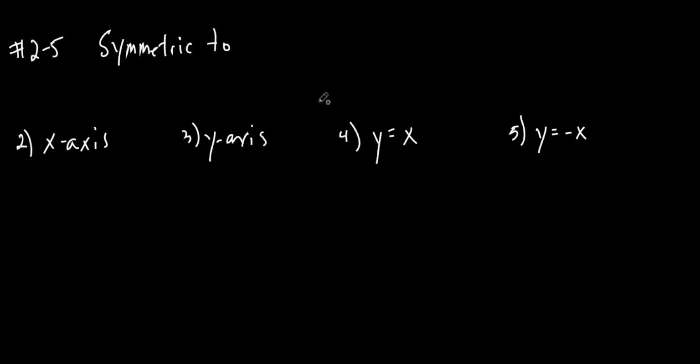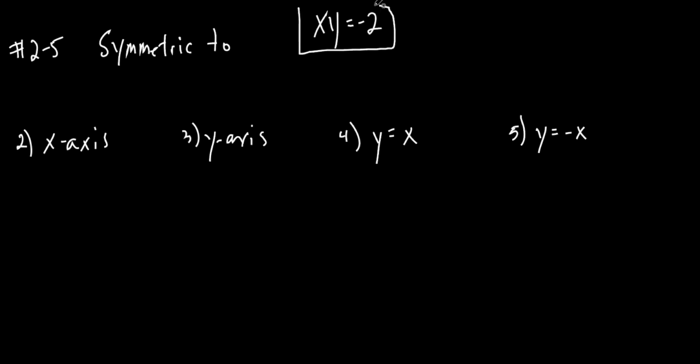So how do I know? Let me find an example from the book. Okay, here's the equation that they give you in example 2 on section 3.1, xy equals -2.